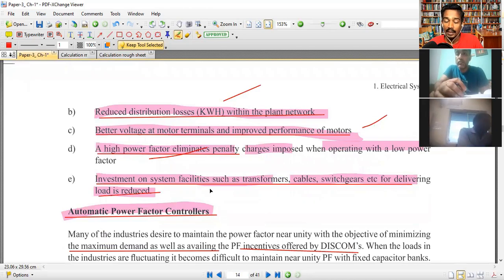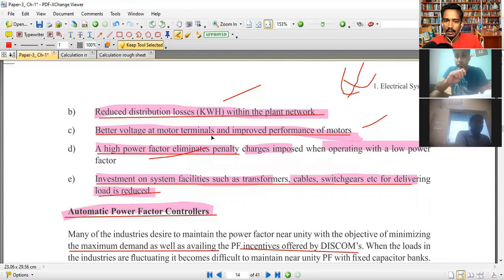On investment, the main important point is that they reduce the total maximum demand. Then there is no need to invest in a transformer, cable, or switchgear. Other load also reduces, so there is no need for extra investment in this equipment. This is the main cost benefit. One is what the benefits are, another is the cost benefit.